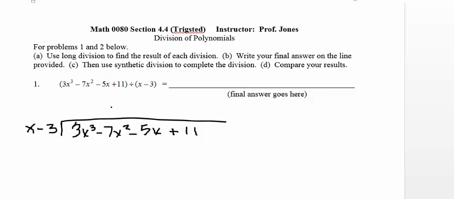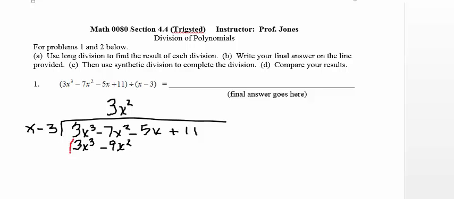So that's going to be my first term that I write in the quotient. And now I'm going to multiply 3x squared by both terms in the divisor. 3x squared times x is 3x cubed. 3x squared times negative 3 is negative 9x squared.